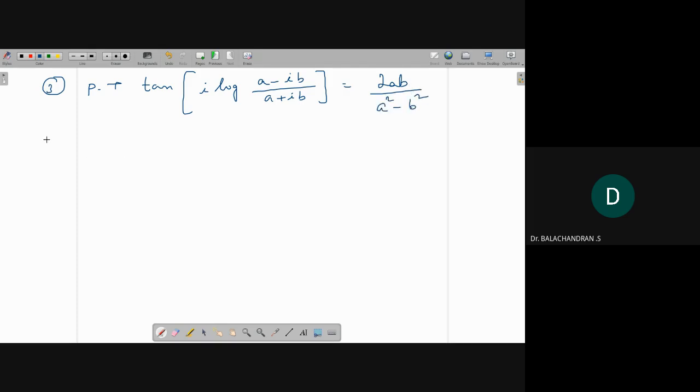So first, here I am going to consider log of a minus ib by a plus ib. So this is equal to log of m by n. M by n you can write as log m minus log n.